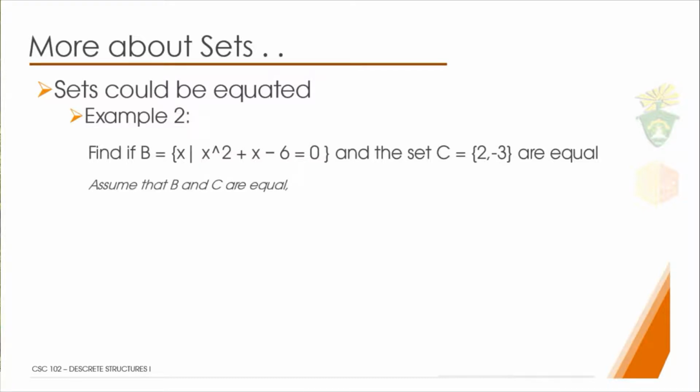Okay, so first we assume that yes, these two sets are equal. So we just assume. If they are equal, the values of x in the set B should be 2 and negative 3 as well, meaning that 2 and negative 3 should satisfy this equation for these two sets to be equal.